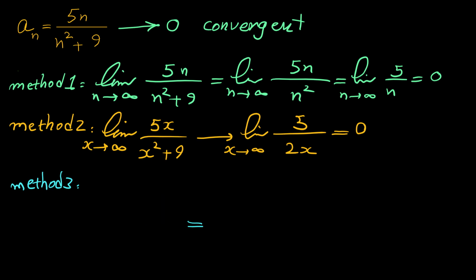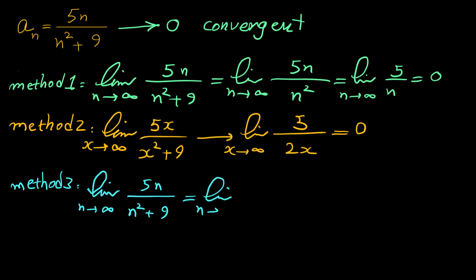So here, if we want to apply this method for finding this limit of 5n over n to the 2 plus 9, we have to look at the denominator. And as you can see, the highest degree of denominator is n to the 2. So we divide every term of numerator and every term of denominator by n to the 2.